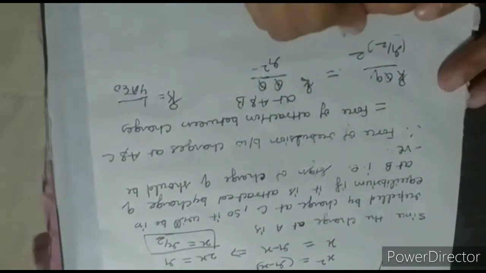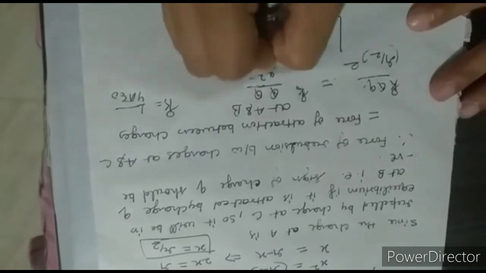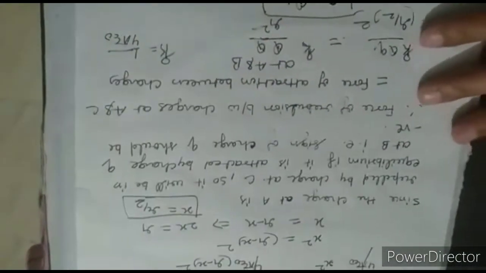When we solve this equation we get q is equal to Q by 4, right? And now this type of question is also done.